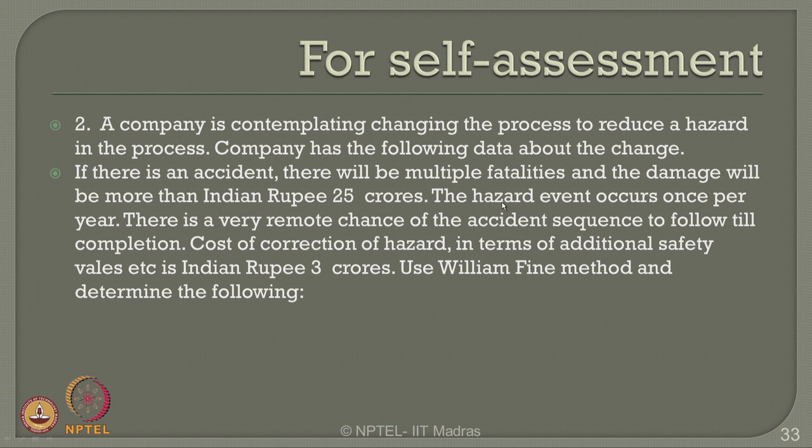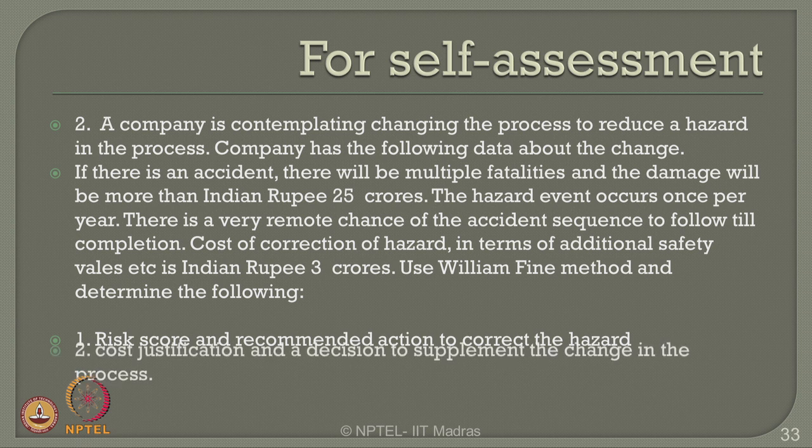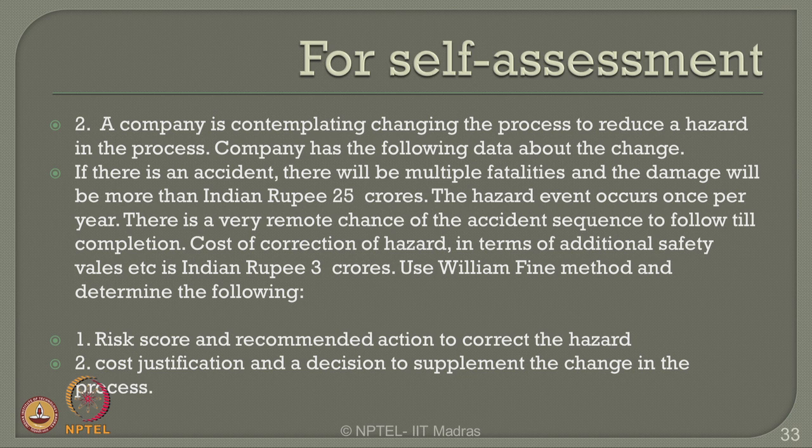The hazard event occurs once per year and there is a very remote chance of the accident sequence following through to completion. The cost of correction of the hazard in terms of additional safety measures is about 3 crore Indian rupees. Use the William Fine method and determine the risk score and recommended action to correct the hazard, cost justification, and a decision whether to implement the change in the process.